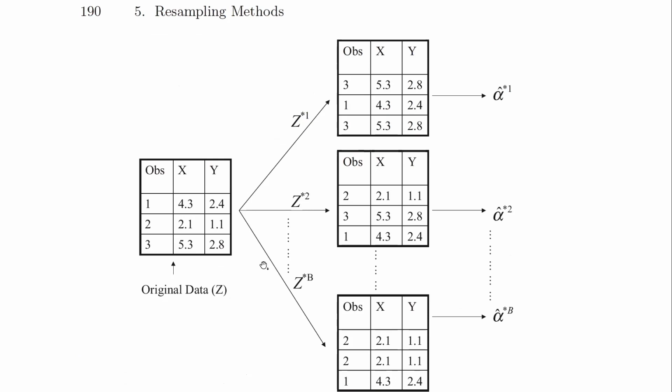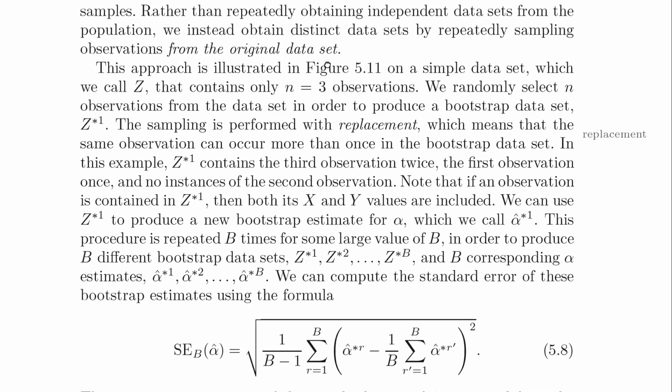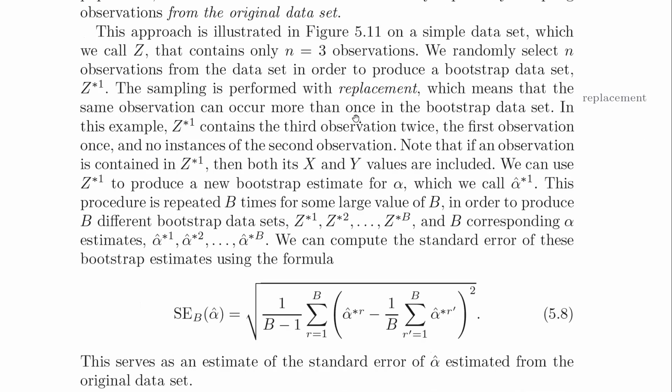So when you select 3, you're not precluding the possibility of selecting it again. The sampling is performed with replacement, which means that the same observation can occur more than once.